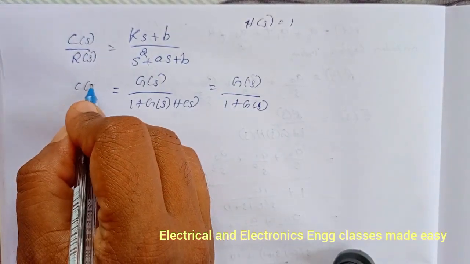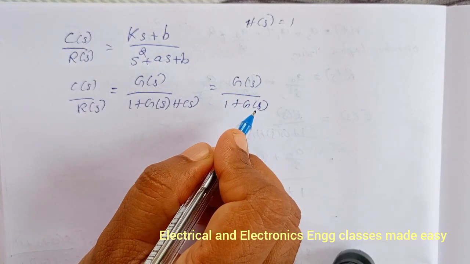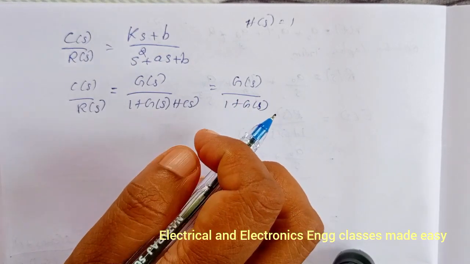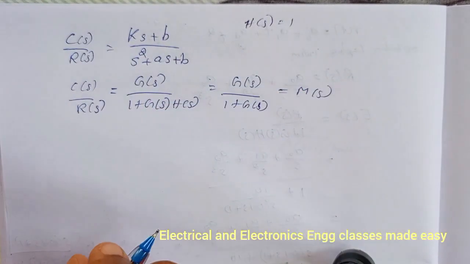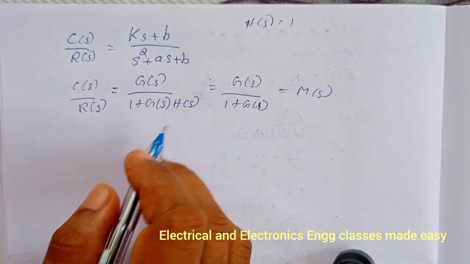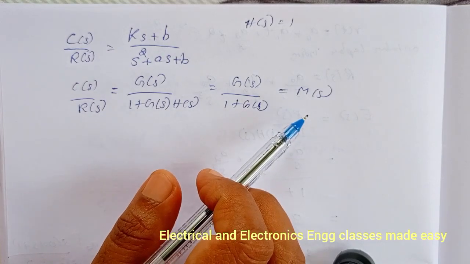So this C of s divided by R of s equal to G of s by 1 plus G of s, and let it be equal to M of s. So G of s divided by 1 plus G of s is equal to M of s.